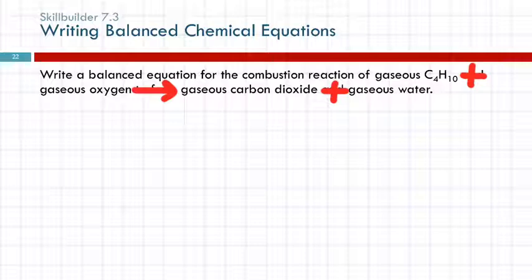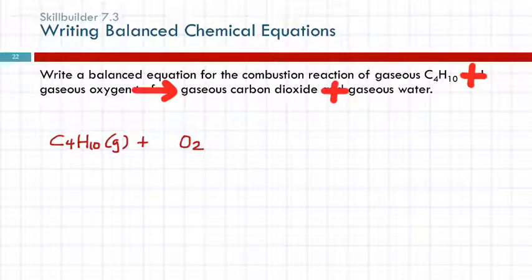Okay, so C4H10. They're telling us it's a gas. That reacts with gaseous oxygen. So oxygen is O. Is it a diatomic element? Yes. Horses need oats. So it's O2. This is where we really need to pay attention to those diatomic elements.